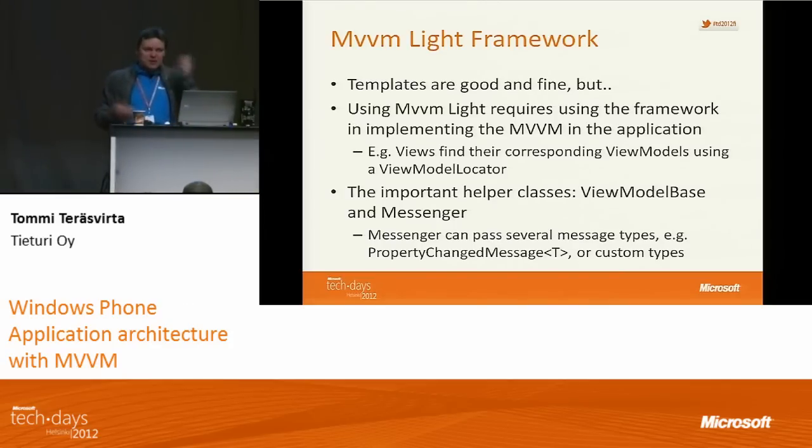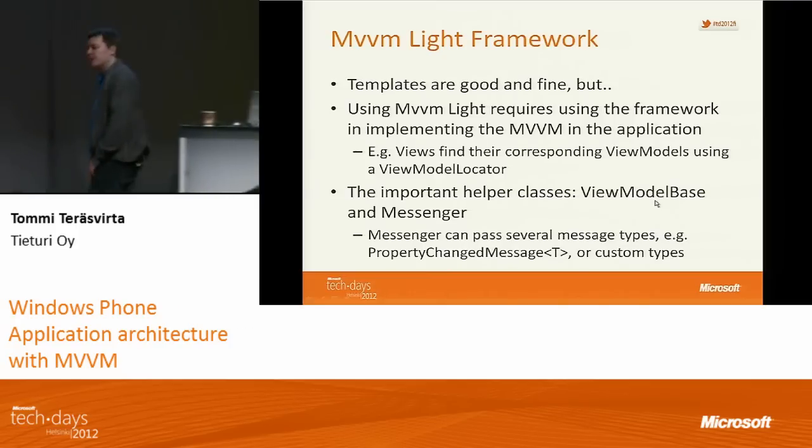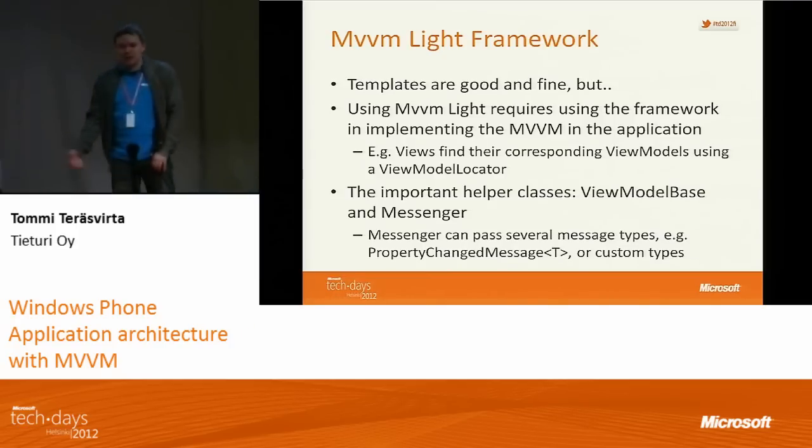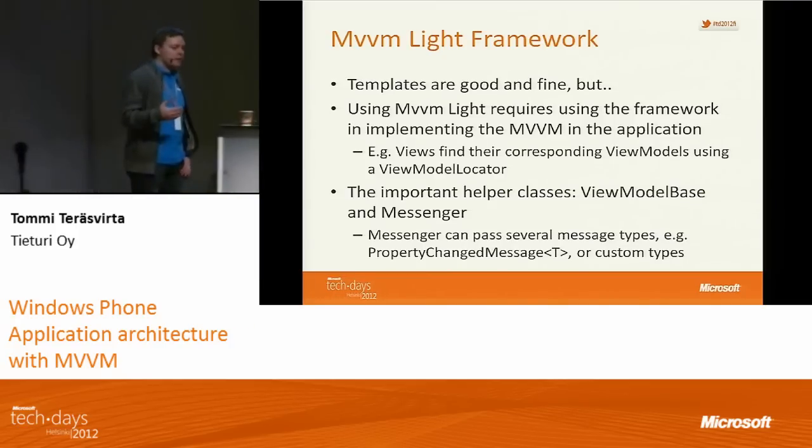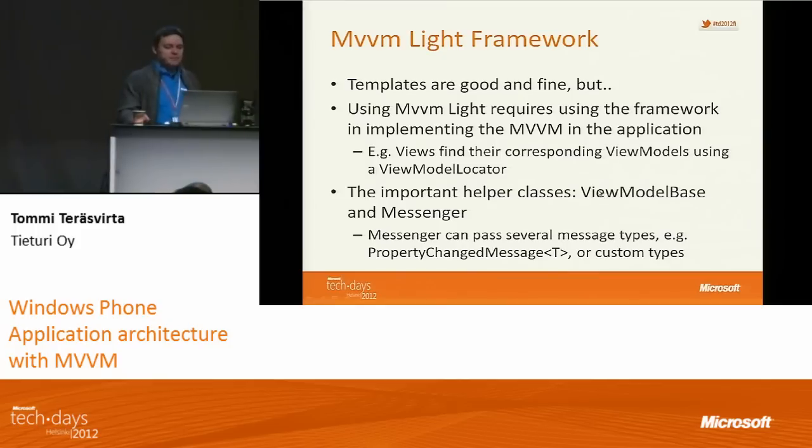Okay, it's all kind of tricky in some part. And then every single view model, to be able to find them or locate them, needs to extend the view model base. So all our view models just implement the view model base.